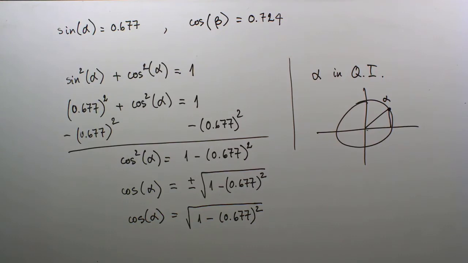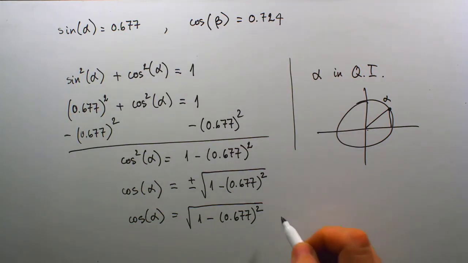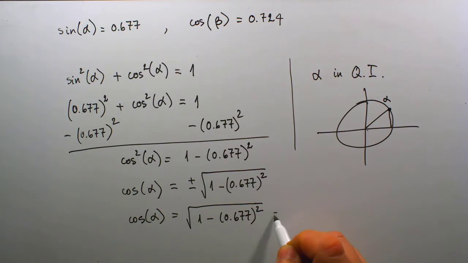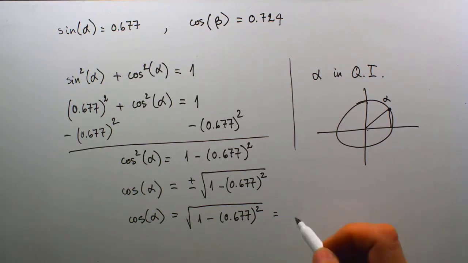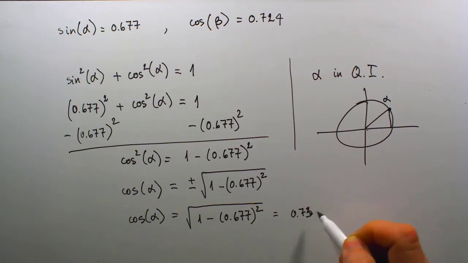And so now I'm ready for the final calculation. The final calculation shows our answer. In my lecture, in my video here, I'm going to be using about 5 decimals: 0.73598.